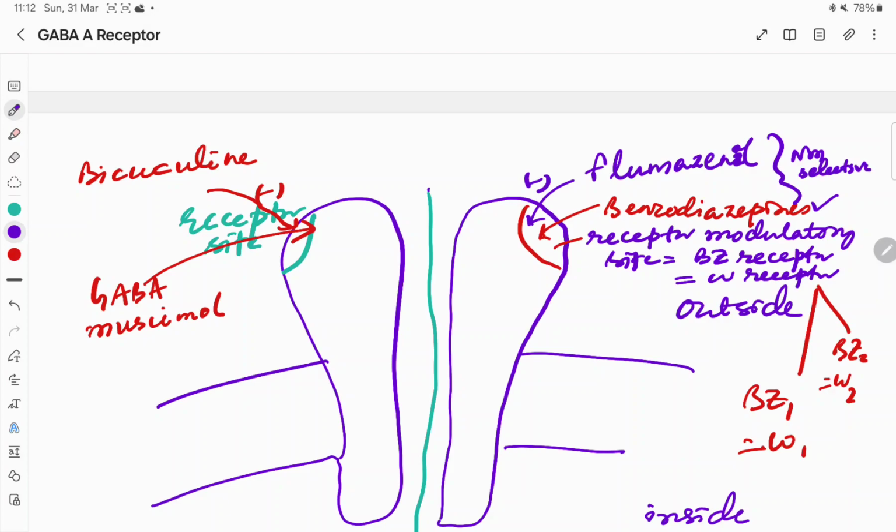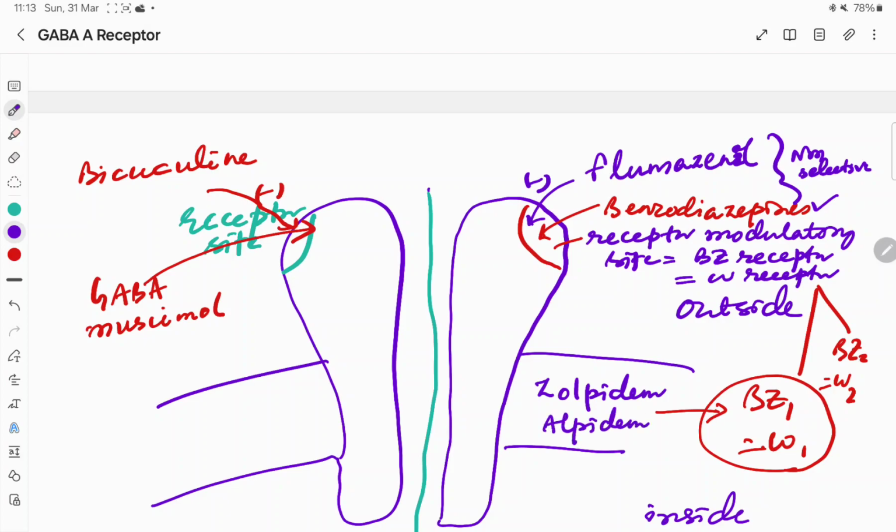However, there is another group of drugs which are BZ1 selective agonists, that is zolpidem, the imidazopyridines like zolpidem, alpidem.